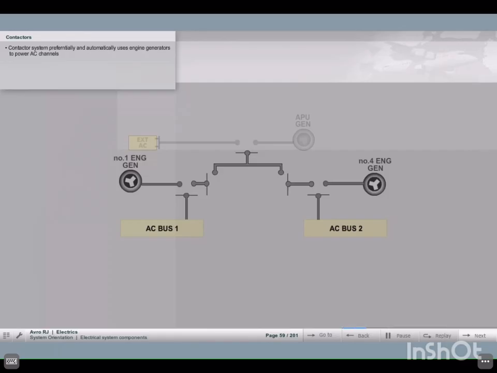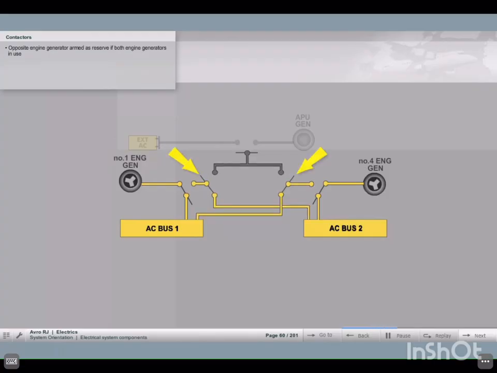As a preference, the contactor system will automatically try to connect the engine-driven generators to the bus bars. If only the engine generators are available, the contactor system will arm the opposite generator as a reserve for the other channel should a failure occur.